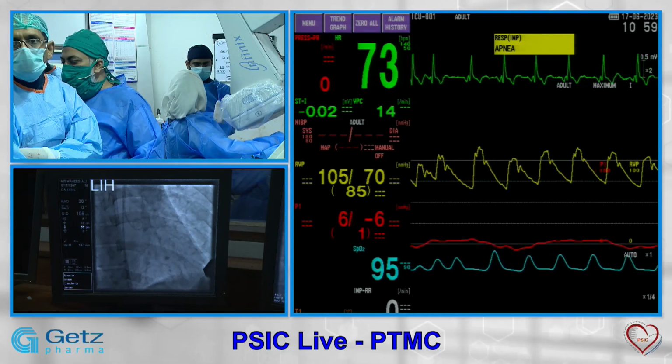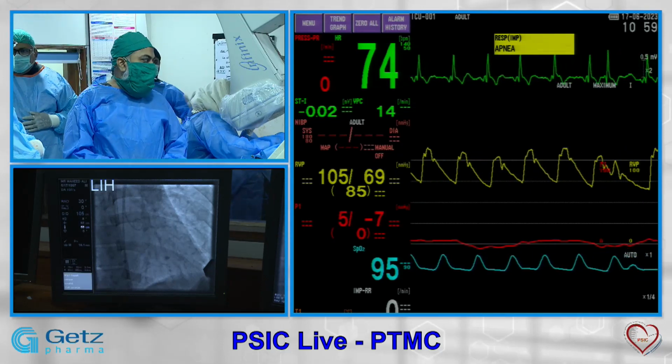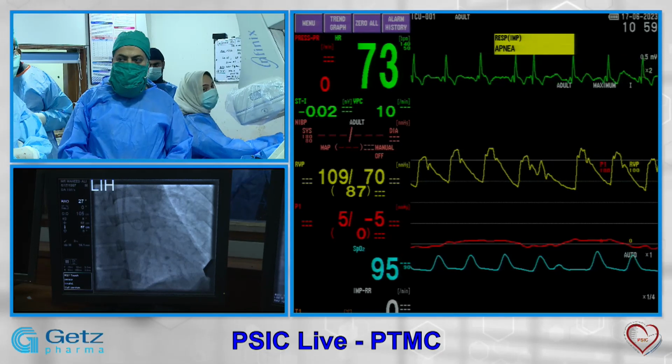So she'll be showing us some of the images of echo. These are the post-procedure images.